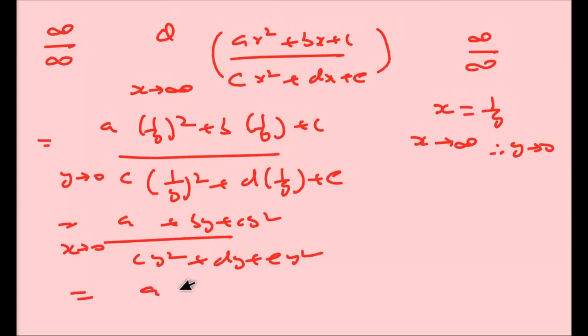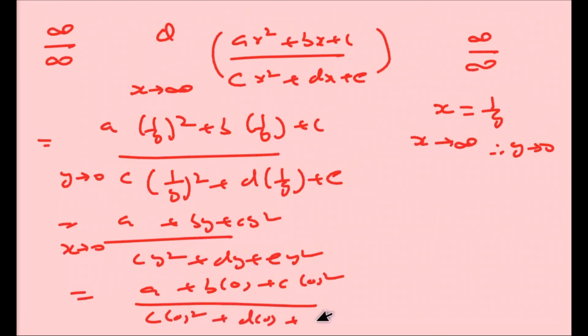Now putting this value, a plus b into 0 plus c into 0 square upon c into 0 square plus d into 0 plus e into 0 square, we can find a upon c.